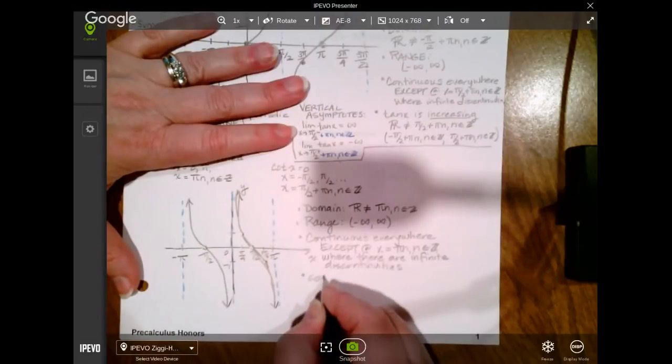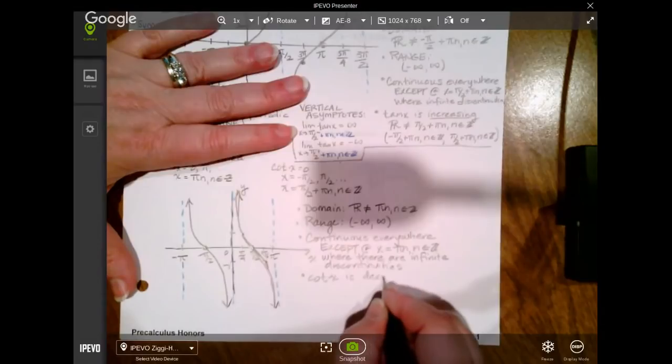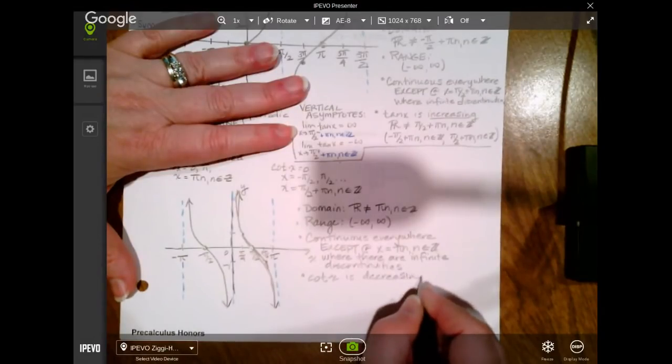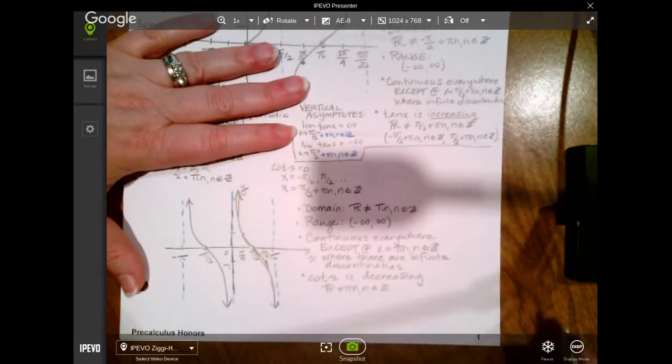Cotangent of x, unlike the tangent, is decreasing for all reals not equal to pi n, n an element of the integer set.